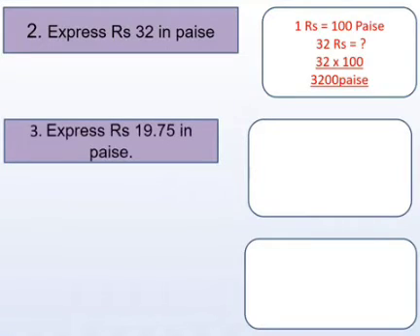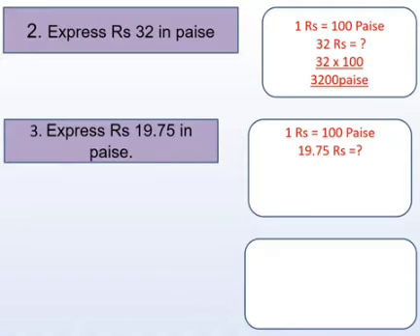The next question is express rupees 19.75 in paise. So in the sum, rupees and paise both are separated from decimal point, but together we are going to convert it into paise. So the first step is, before that, always write this one. 1 rupee is equal to 100 paise.